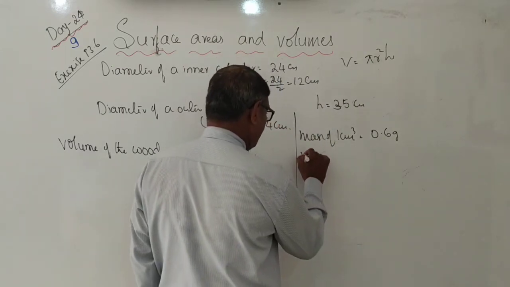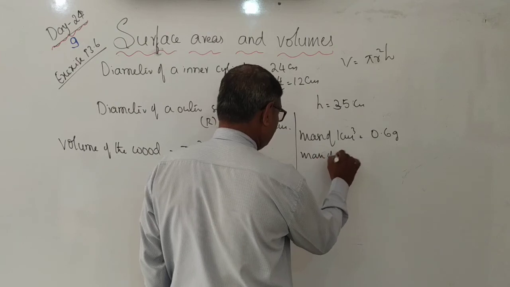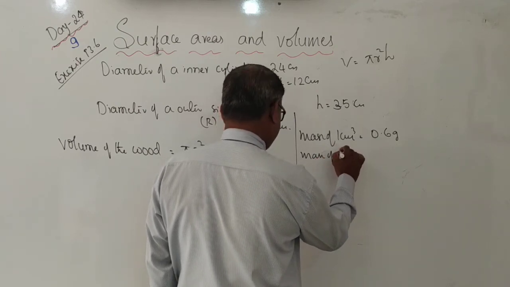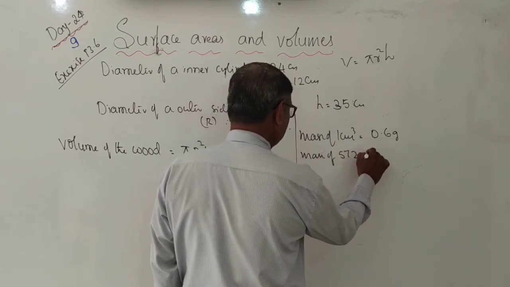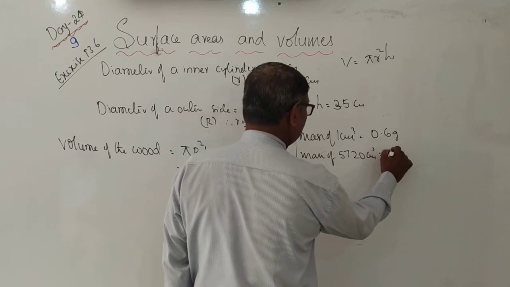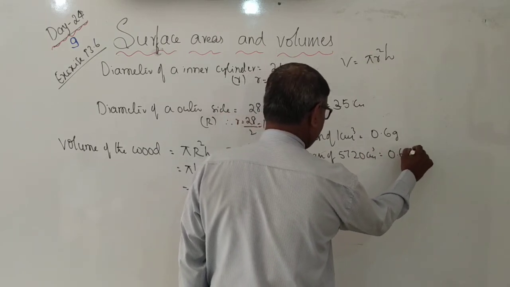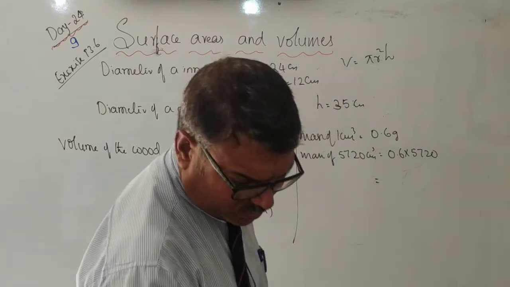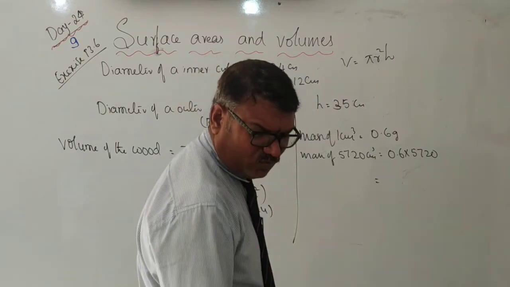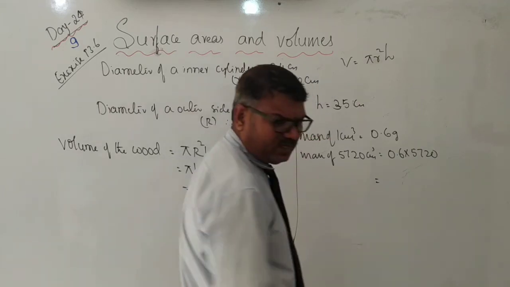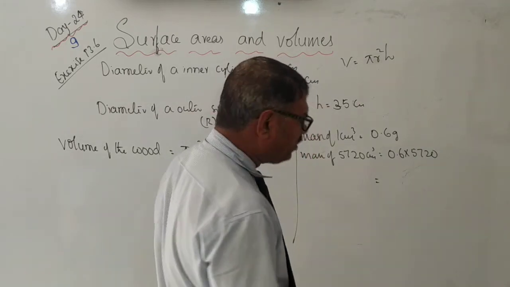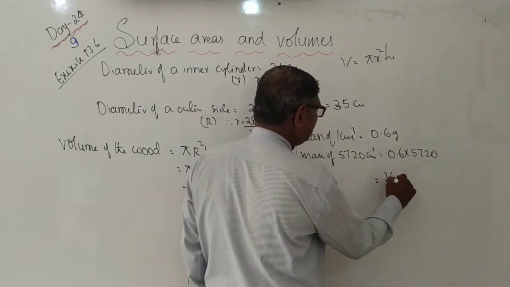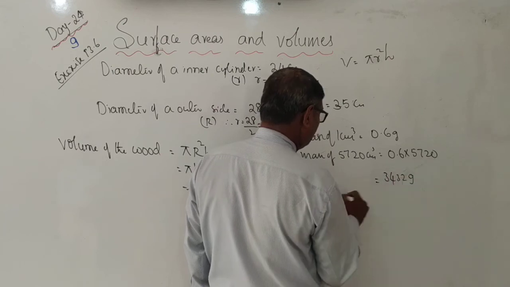Therefore mass of 5720 centimeter cube is equal to 0.6 into 5720. So it is equal to 3432 grams.